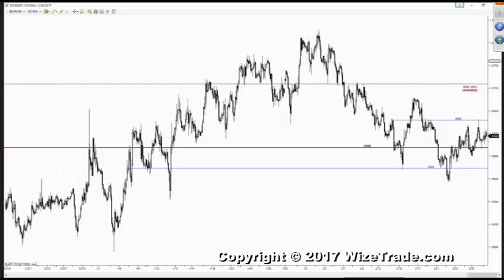Let's see where this level is. We've got 710. Let's make this a little bit thicker right here.